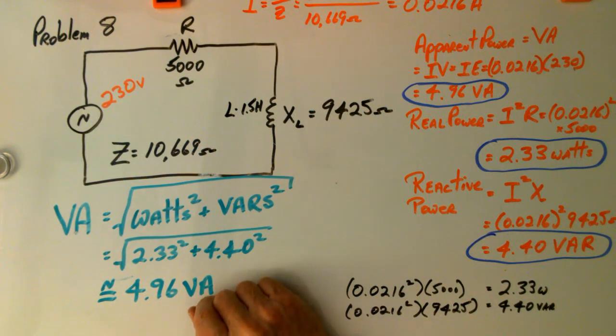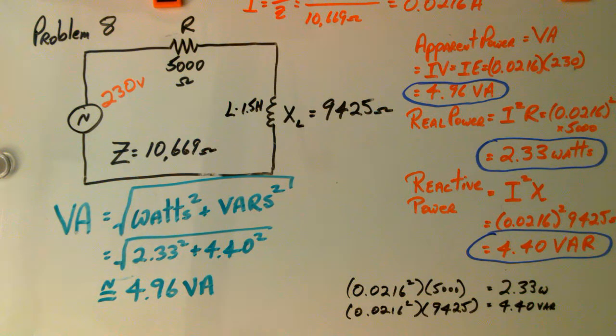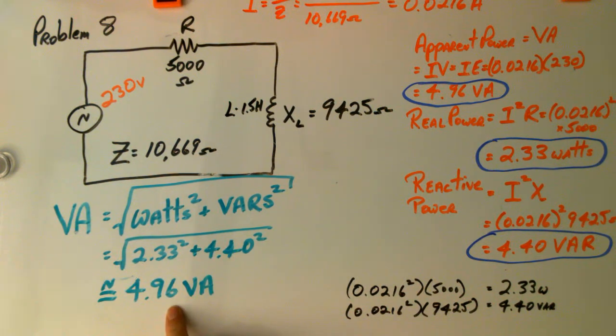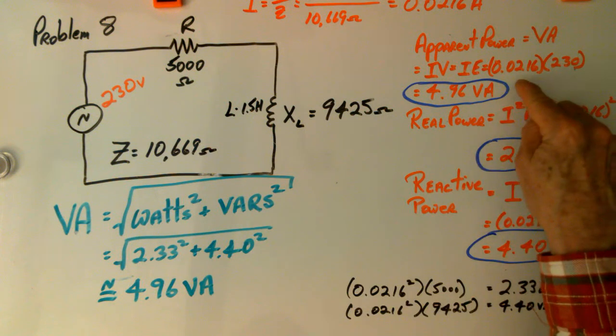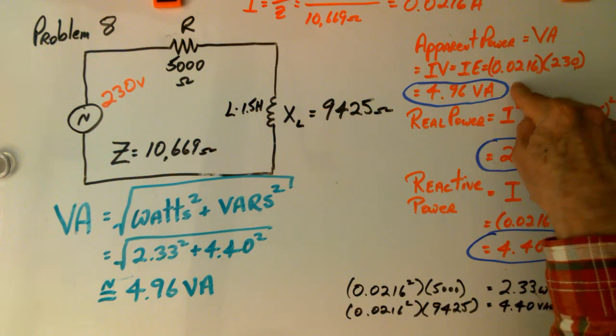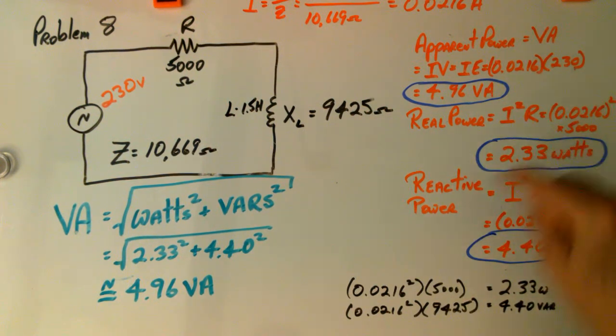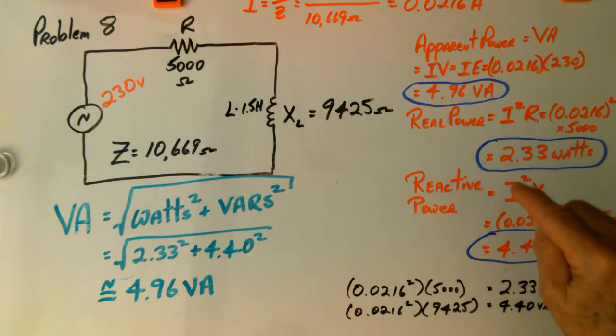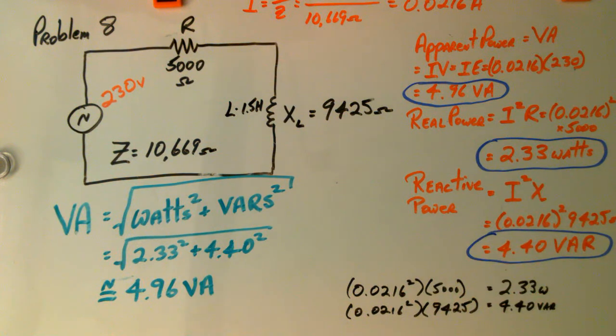I would like for you to remember that for a little while, but not necessarily long term at this point. So my volt amperes comes out to be 4.96, which is what I had right here, and it is the square root of the sum of the squares of real power and the square of reactive power.